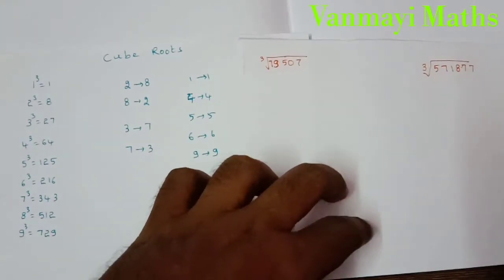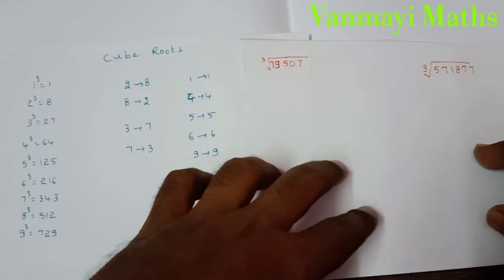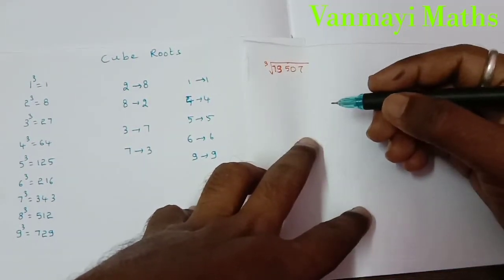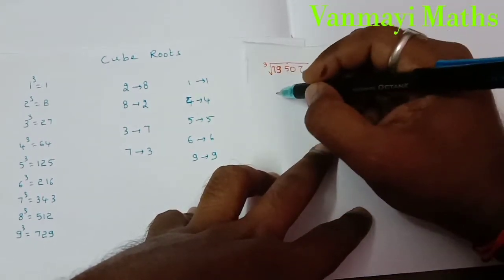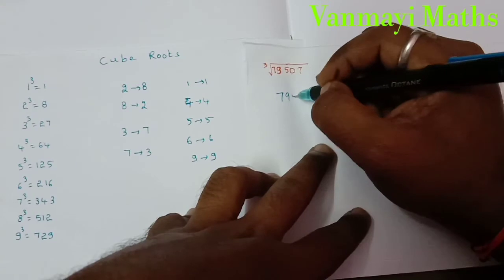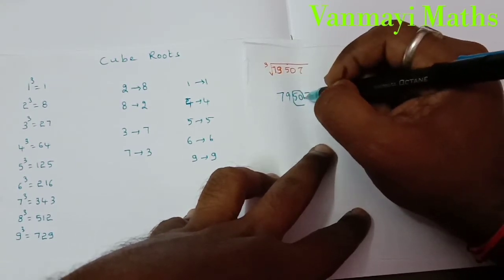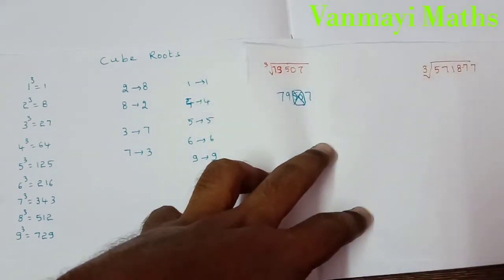79507. In the same way as previously, we do the tens place and hundreds place.